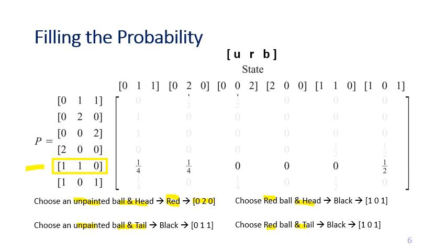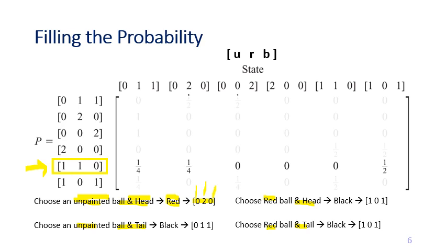Because you begin with 1, 1, 0, one unpainted, one red, and then you choose the unpainted, and the coin comes up head. Now you paint that unpainted ball to become red. So your next state will become 0 unpainted, 2 red balls, and 0 black balls.